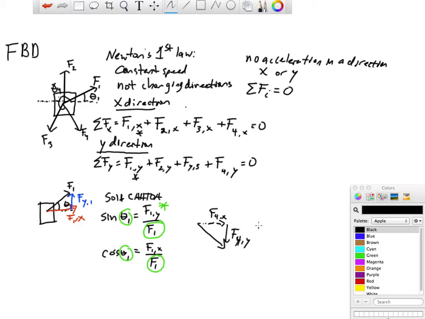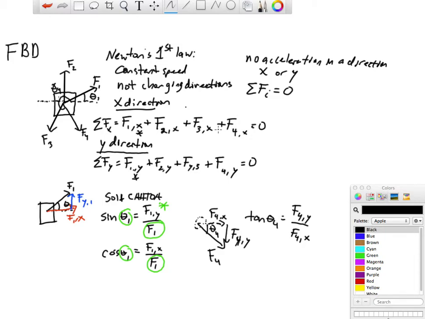You know those two things, and so you can use the Pythagorean theorem to find what F4 is, what the total magnitude of this is, and you can also find the angle using the tangent function. Though you should define this angle like this if you want to get it correct. And tangent of theta 4 is going to be equal to F4y over F4x, and then you take the inverse tangent function of both sides, and you're done.